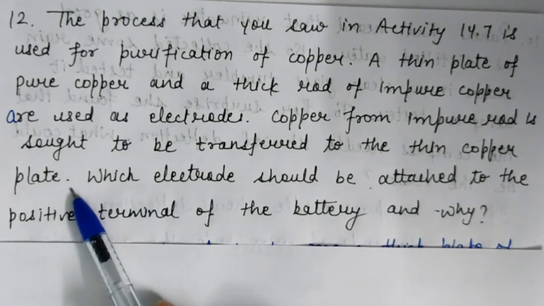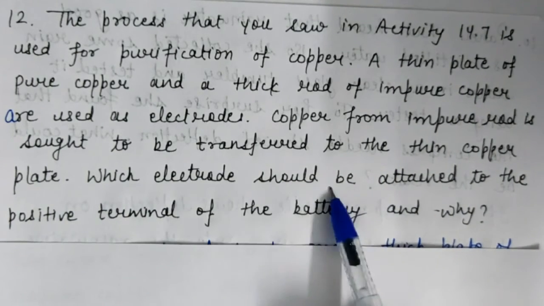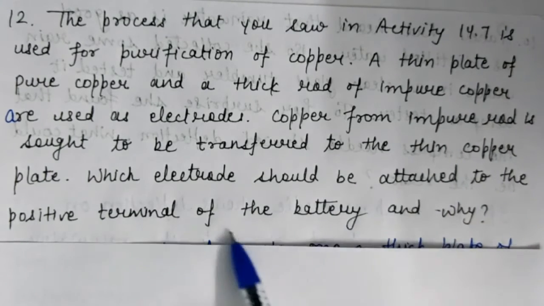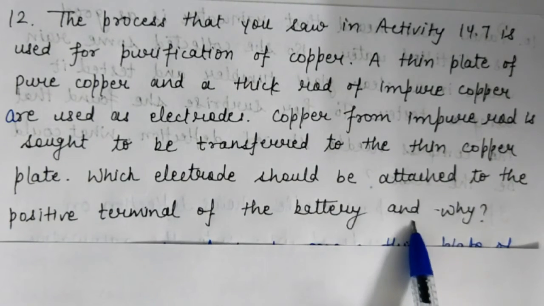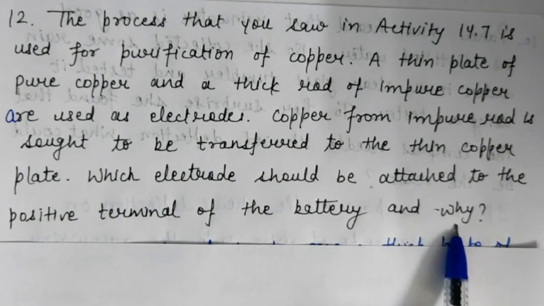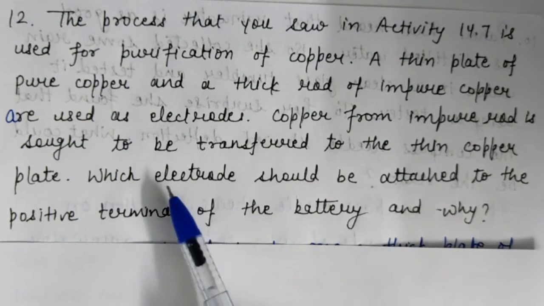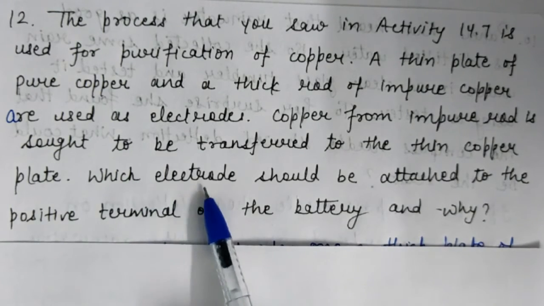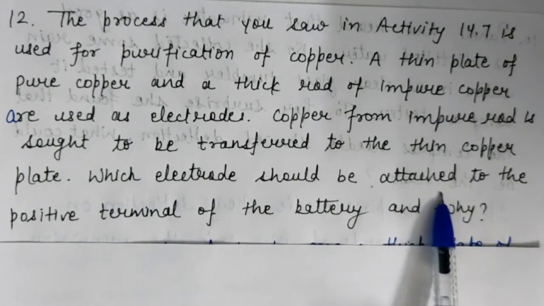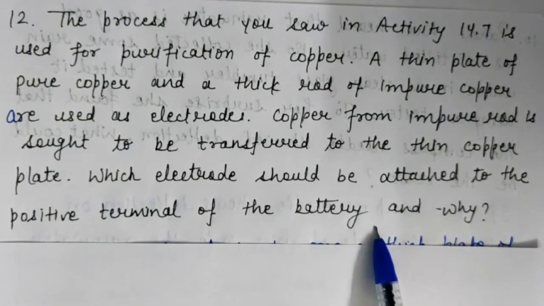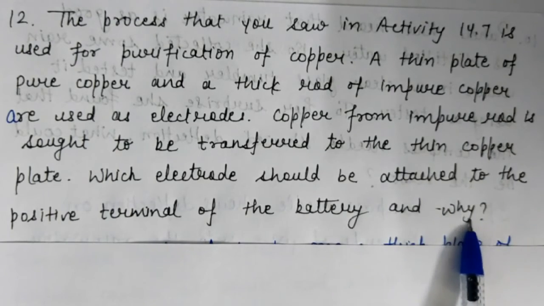Now the question is, which electrode should be attached to the positive terminal of the battery and why? You have to write which electrode should be attached to the positive terminal of the battery and why.